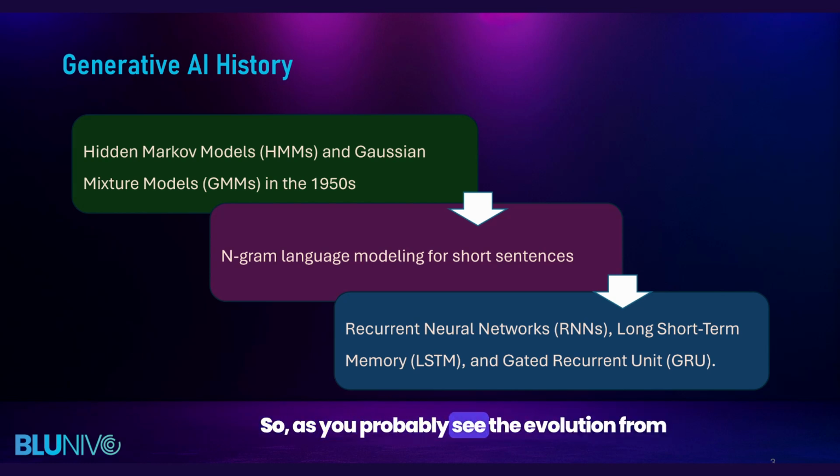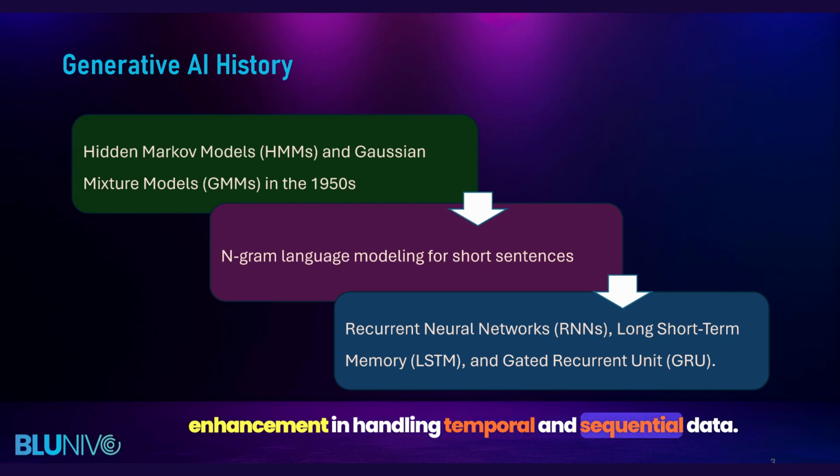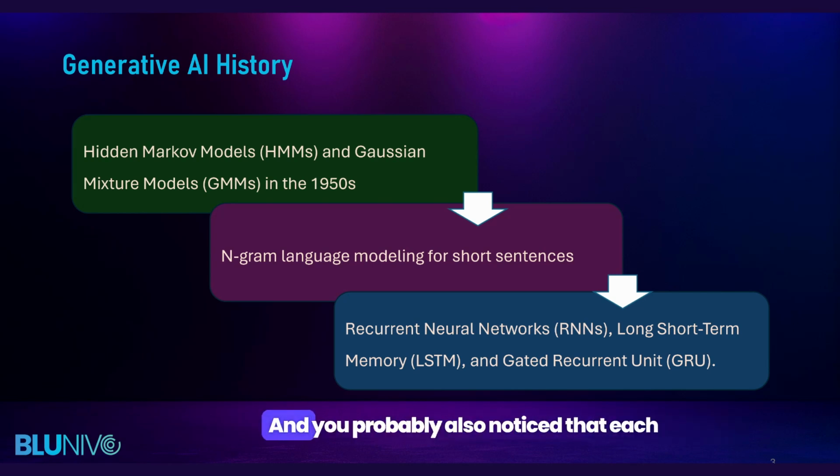As you probably see, in the evolution from HMM and GMM to advanced neural networks like LSTM and GRUs, there was a very progressive enhancement in handling temporal and sequential data. You probably also noticed that each of these innovations was built on the shortcomings of the previous ones.